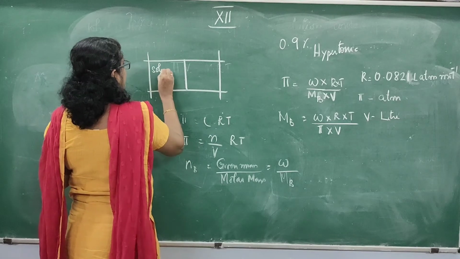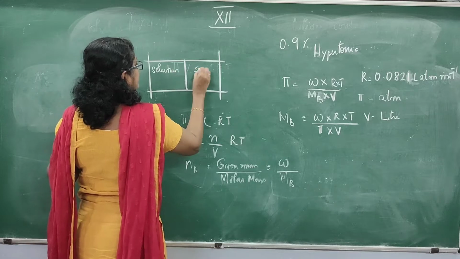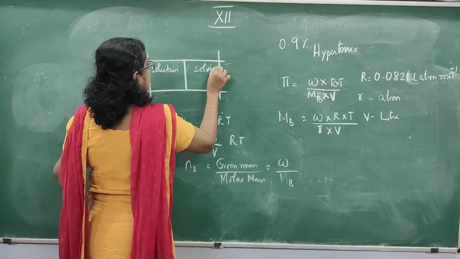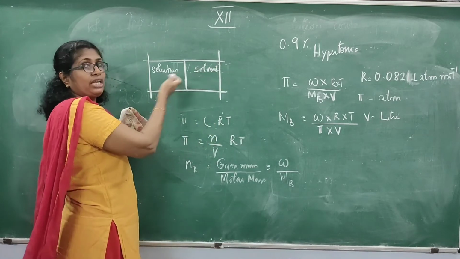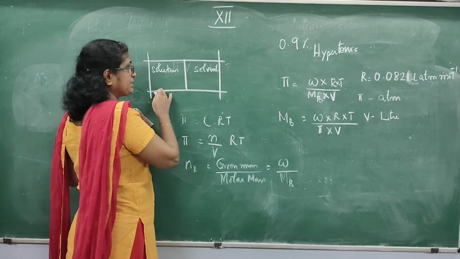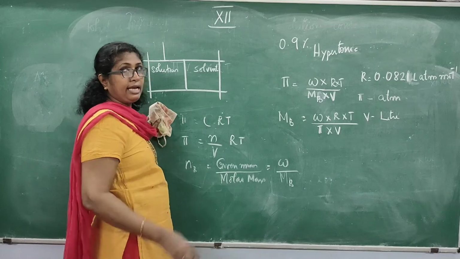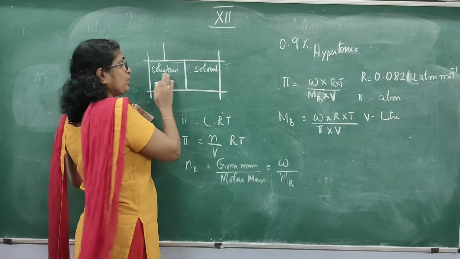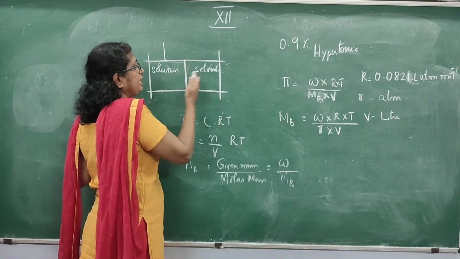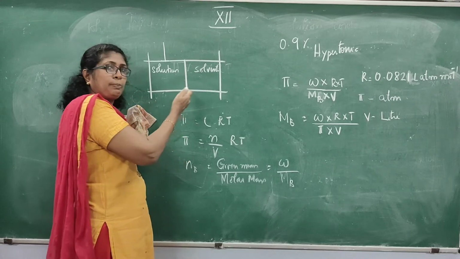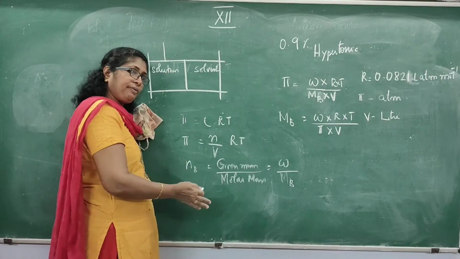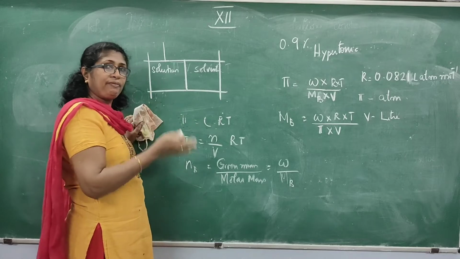This is solution and this is solvent, and from the solvent side molecules will be coming into the solution side. If we apply a pressure on the solution side equal to the osmotic pressure, this movement of solvent molecules will be prevented. That is, osmosis will be prevented.